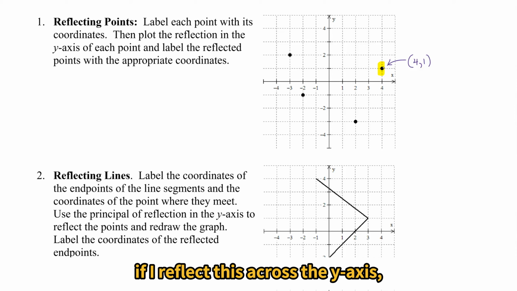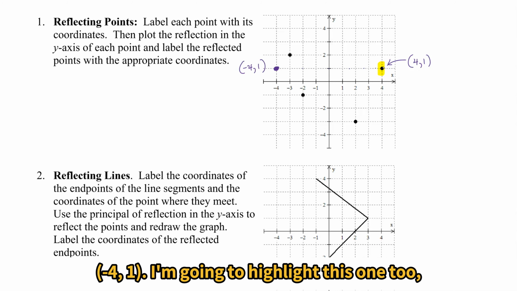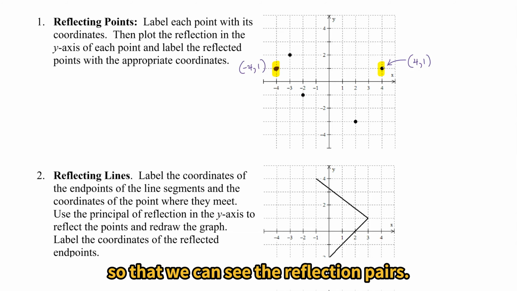If I reflect this across the y-axis, then my y value stays the same, but my x-coordinate changes to be negative. -4, 1. And I'm going to highlight this one too so that we can see the reflection pairs.